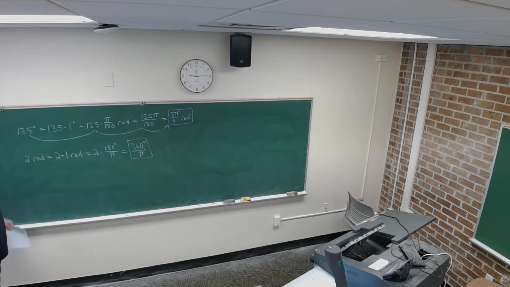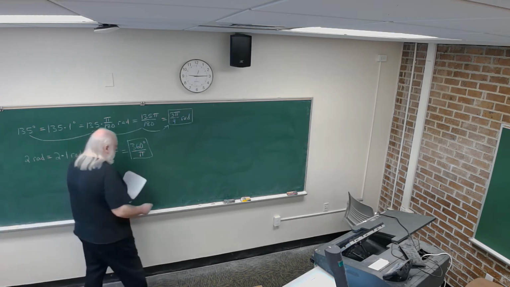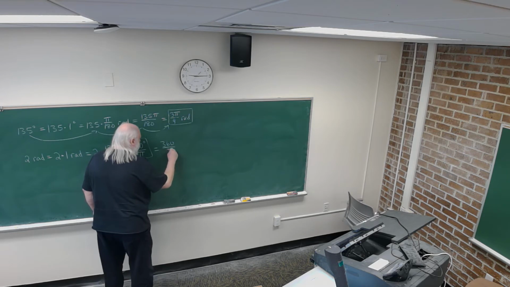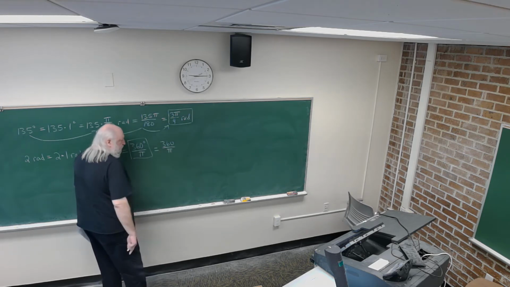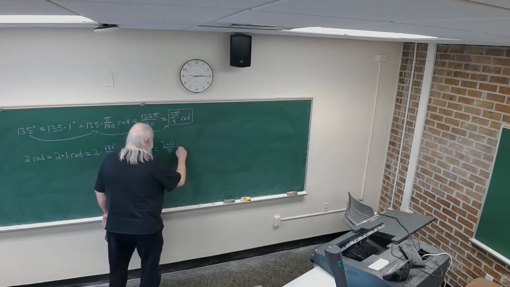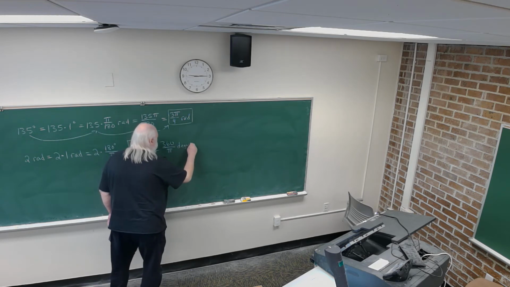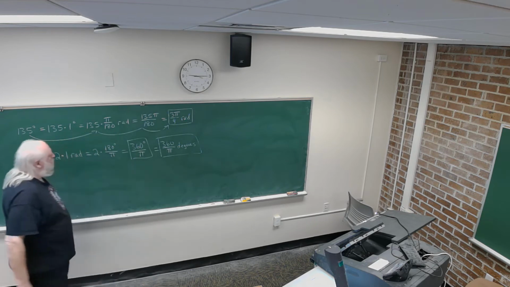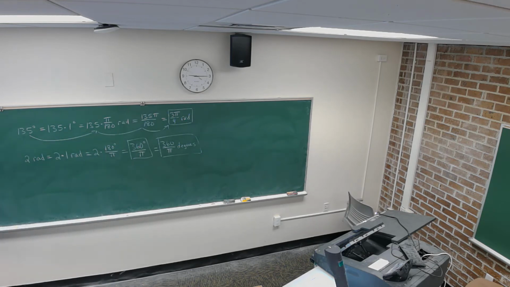So 2 radians is equal to 360 degrees divided by pi, which you could write out in words as the fraction 360 over pi, and then write out the radians. Either way, it doesn't matter. Any questions on that?